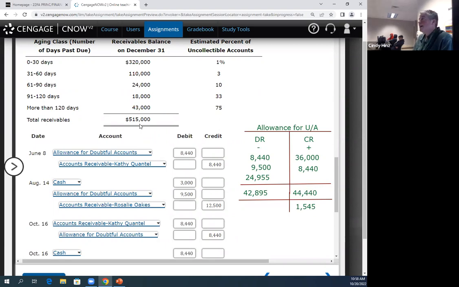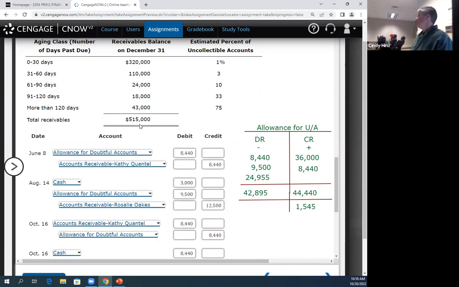If this account had a debit balance in it, what must have happened? Say that again. More write-offs. More write-offs than we had planned. In other words, we didn't have enough in that allowance account to cover all of our write-offs. That's exactly correct.